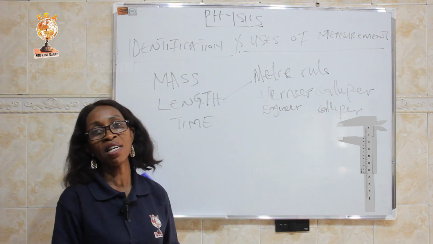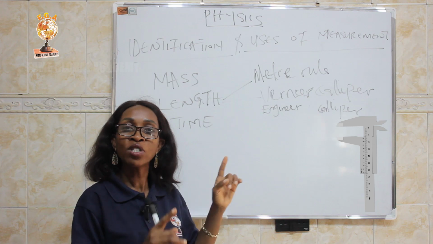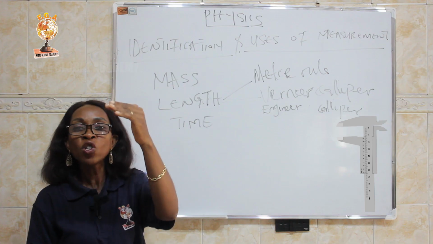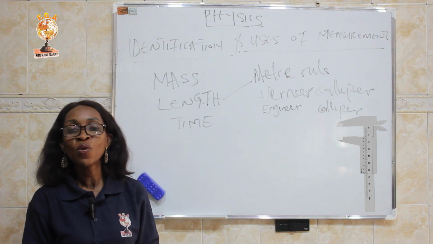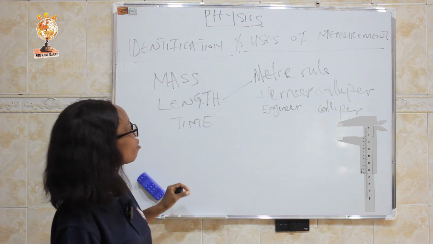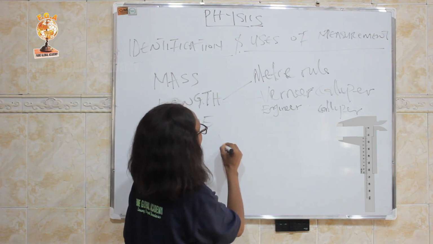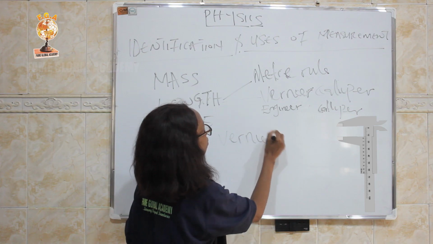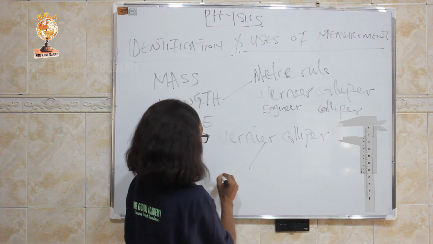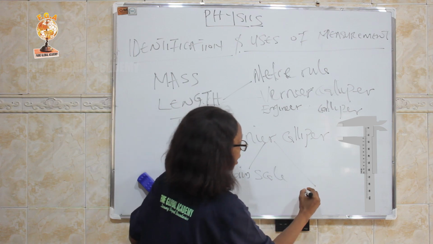And it has two scales. The vernier caliper has two scales. It has two jaws, from the diagram you see on the screen, and those two jaws are used for measuring length on their different scales. You have the main scale and the vernier scale.